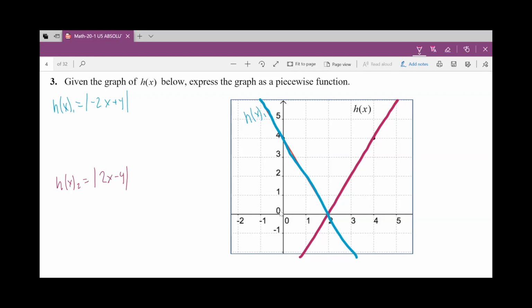And so now what we want are the piecewise functions for each of those. So let's change colors again, and let's start with h of x sub 1 in blue here.